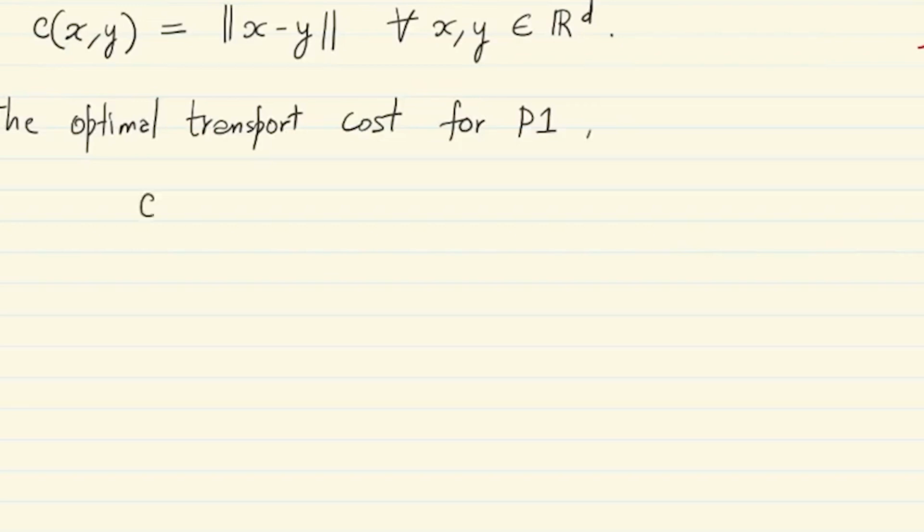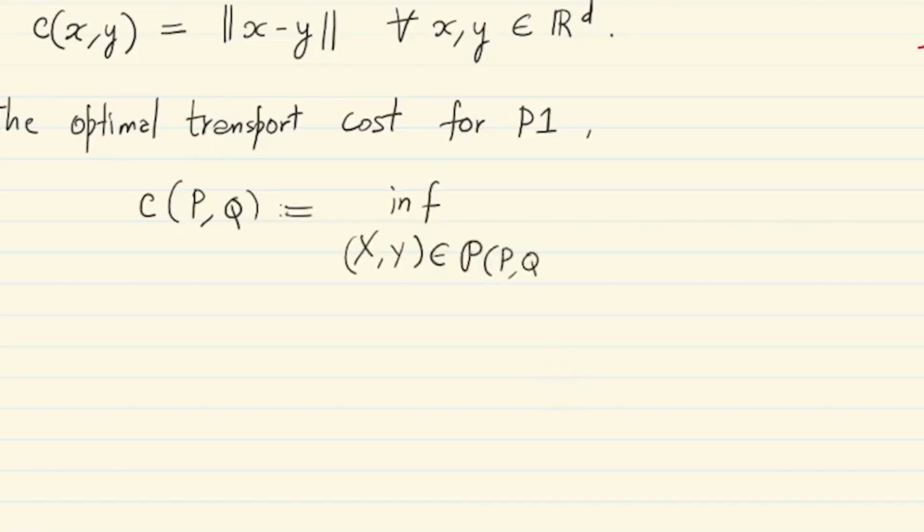which we defined as C(P, Q), being the infimum over (x, y) in the set of all couplings of P, Q of the expected value of the norm difference between x and y.